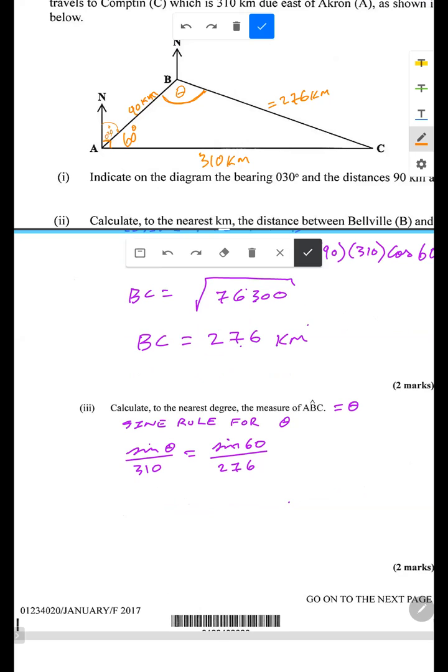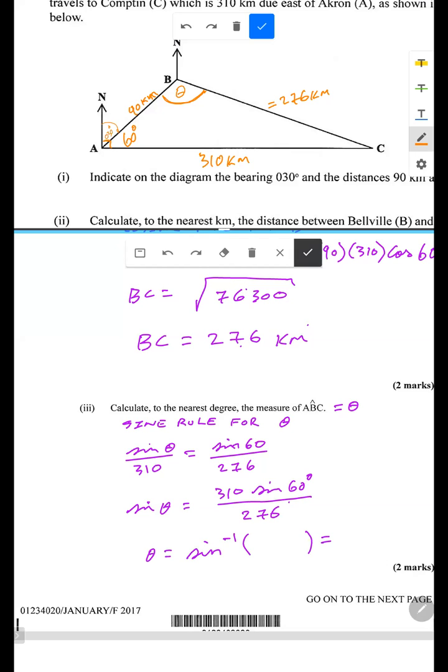Then I multiply by 310 up here, and so you get sine of theta equals 310 times the sine of 60 degrees divided by 276. Theta is going to be sine to the minus 1 of whatever that thing in the bracket works out to be.